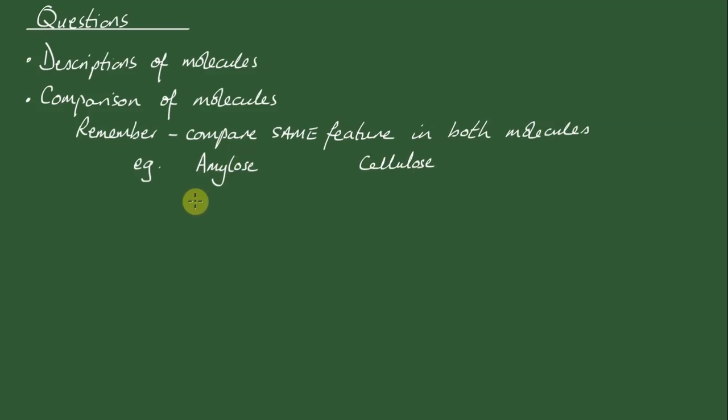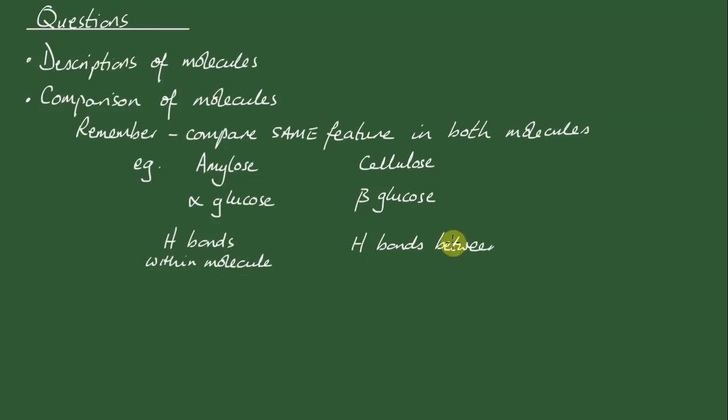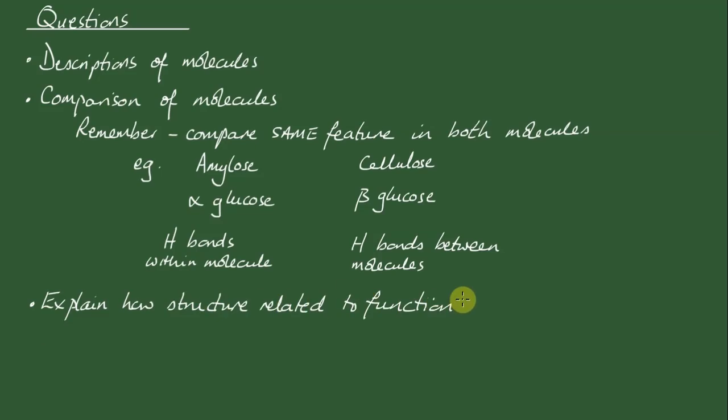So, for example, with amylose and cellulose, amylose uses alpha glucose, cellulose uses beta glucose. I'm comparing the monomer that is used. And in addition, amylose has hydrogen bonds within the molecule, whereas cellulose has hydrogen bonds between cellulose molecules. So I'm comparing the same feature.